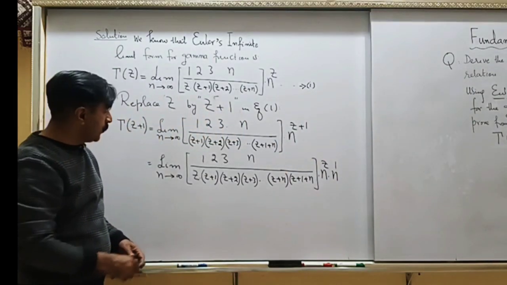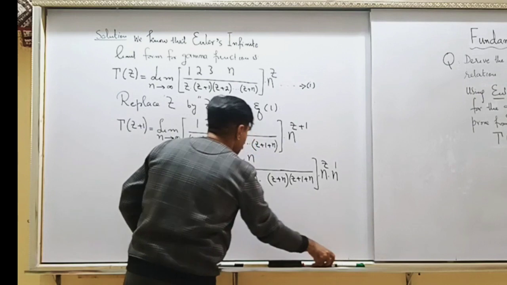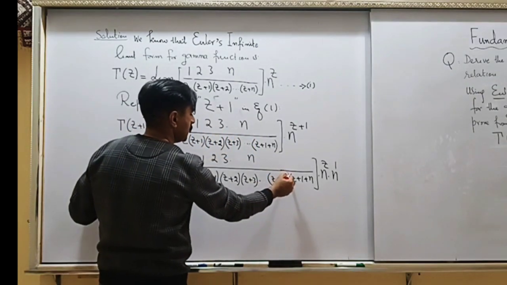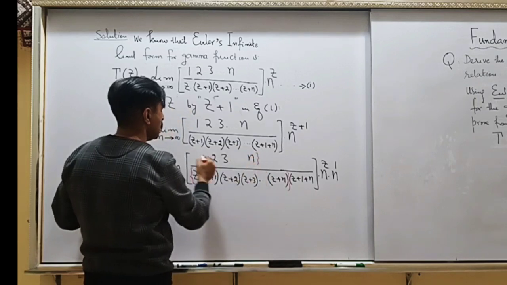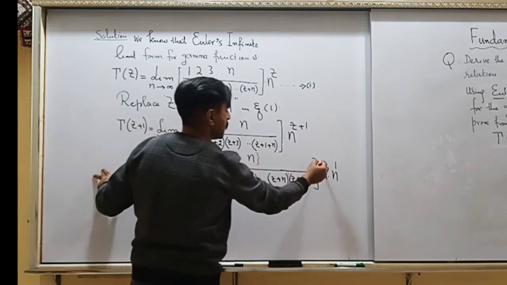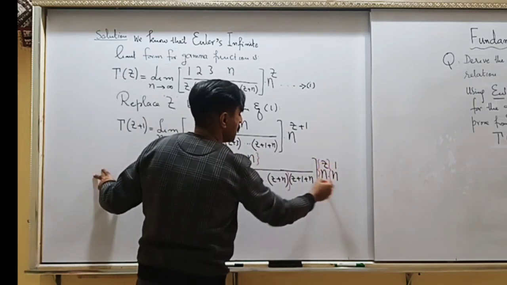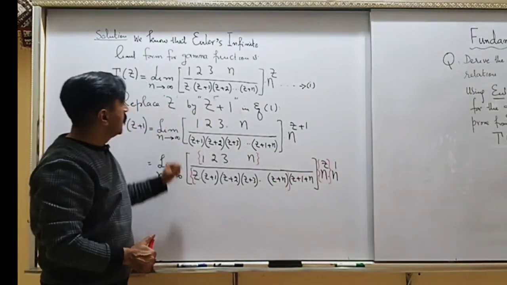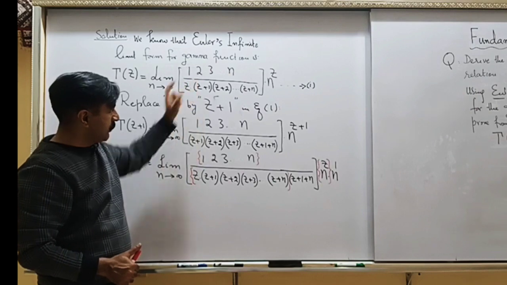Now, if you look carefully, you have this part and this, and this is the same. Everything is multiplying together. This is the same as in equation number 1.